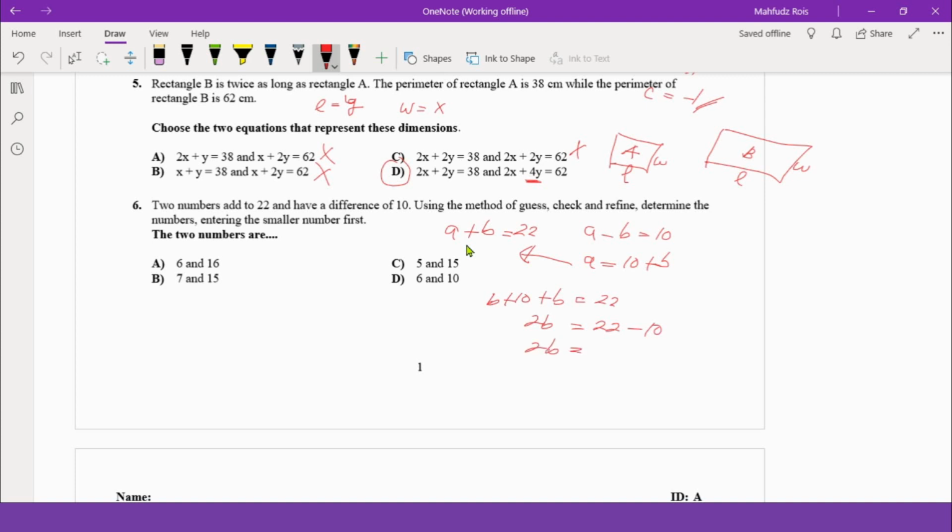So 2B will be 12. So B equals 6. So the smaller is 6 and the bigger is A. So A equals 10 plus 6, so it will be 16. So 16 and 6, or 6 and 16 with the smaller first. Okay, so this is how to find number 6.